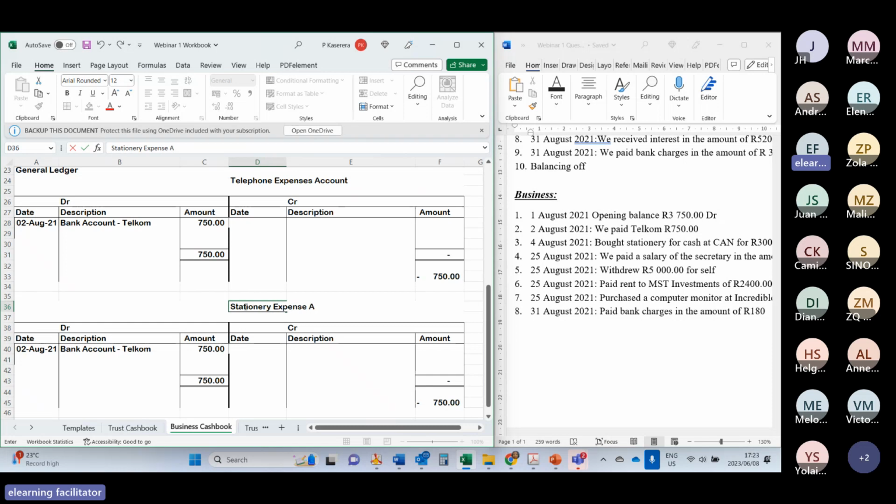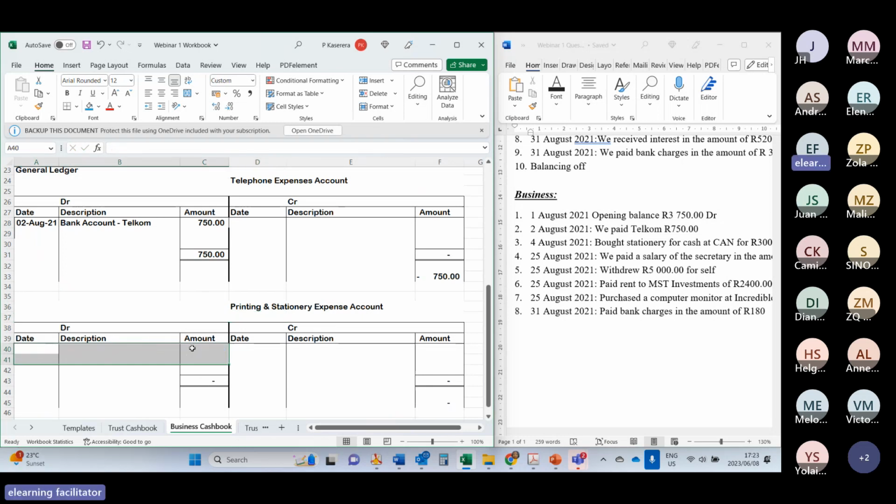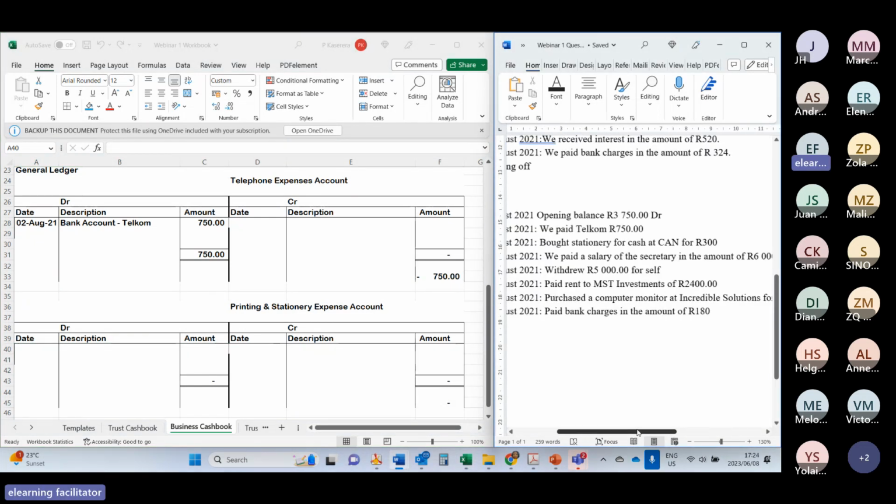Normally we call it printing and stationery. Anything that has to do with printing and stationery, we then just post into this ledger account. We are told that we bought stationery at CAN for 300 Rand.